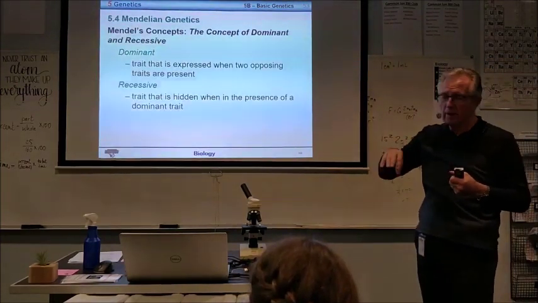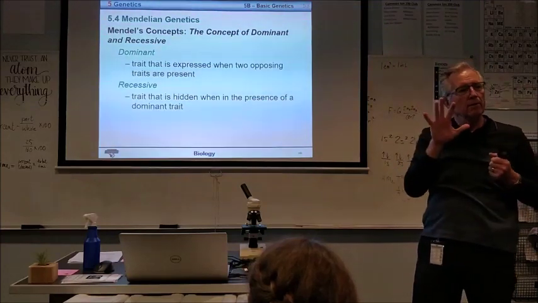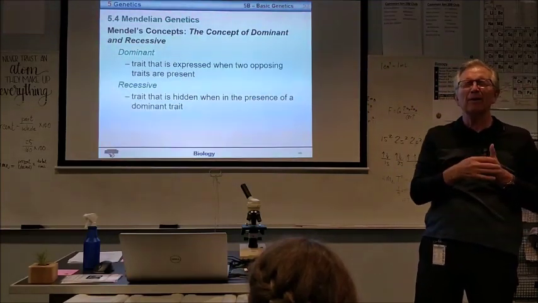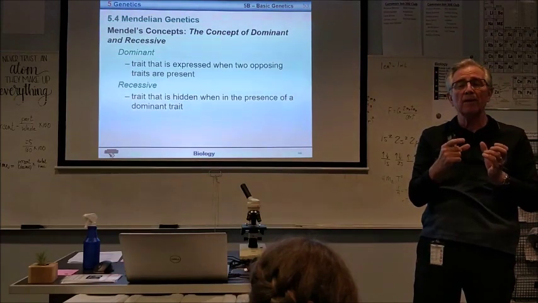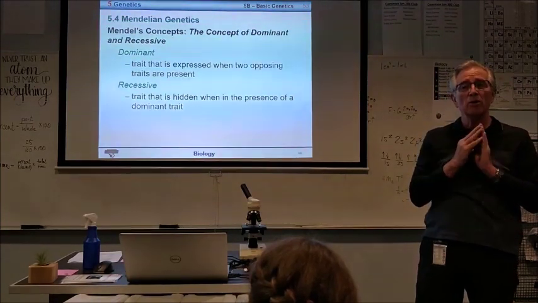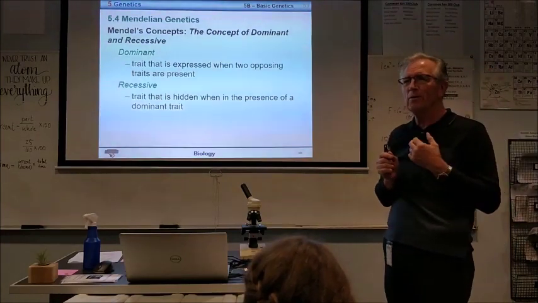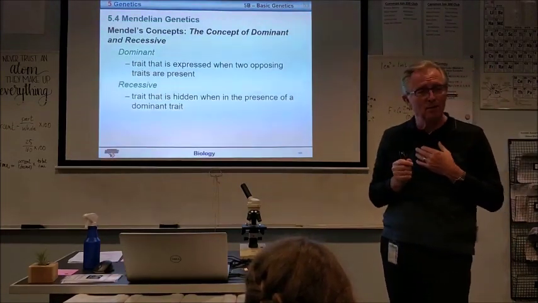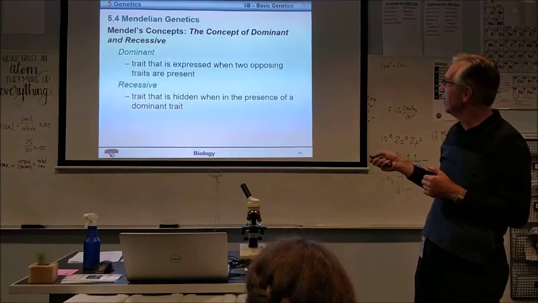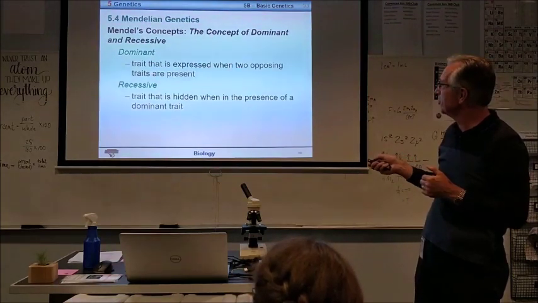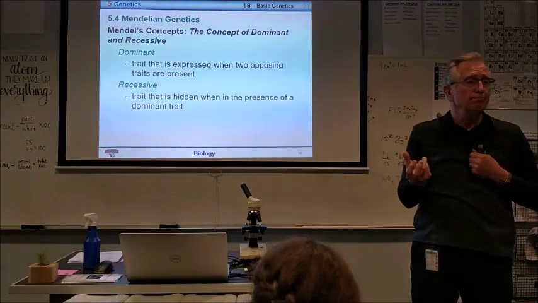One last thing that we want to cover yet is those traits, I mean, the expression of a pair of genes that shows up most often. Even like some of you were rolling your tongue, and there were more people doing that. It's the trait that is expressed when two opposing traits are present.